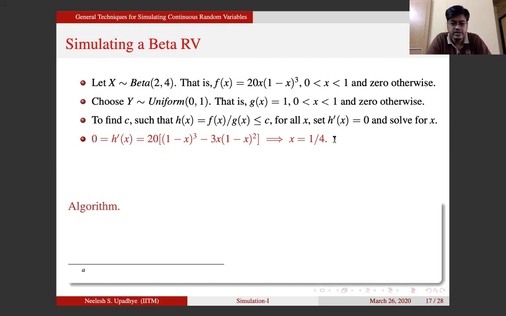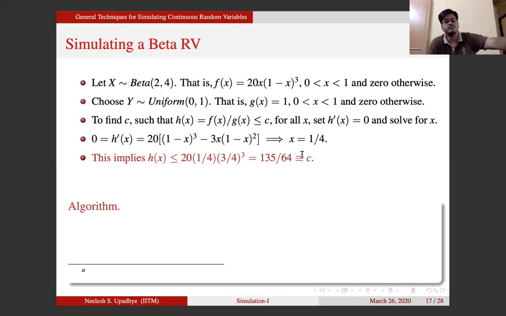Once we have assured that x equal to 1/4 is the point of the maximum of this ratio, I need to find the constant c. So just substitute that point into the function. You will get some number, in this case 135/64. You will denote it as c. So you have figured out the constant c.